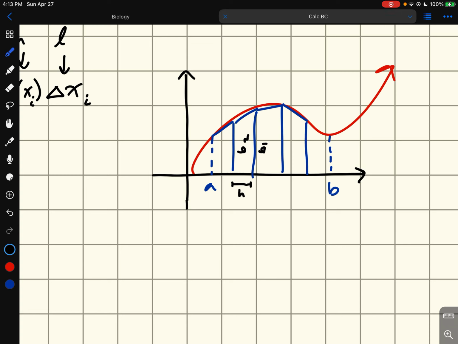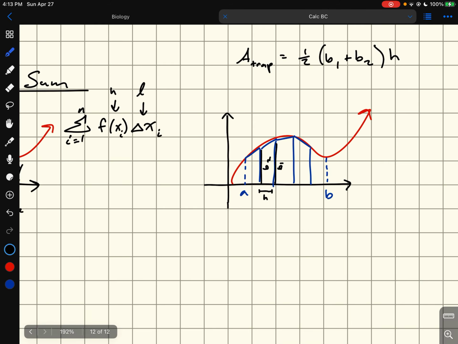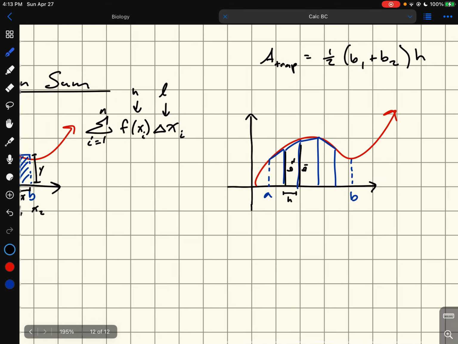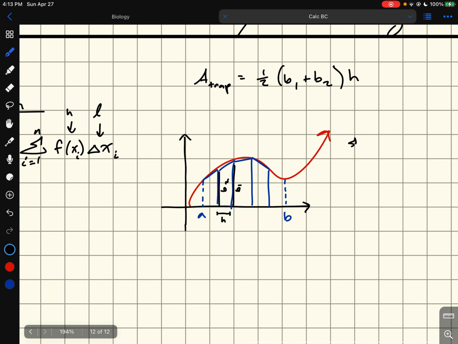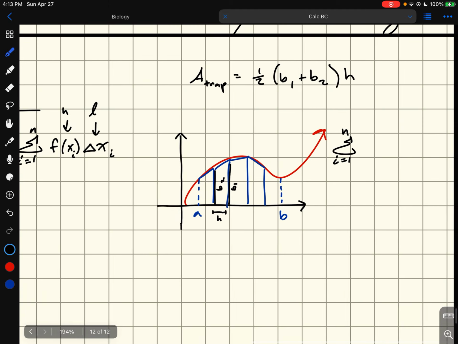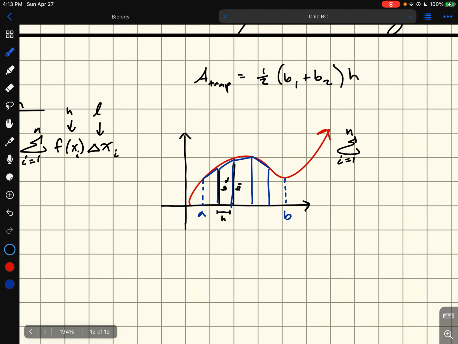H. So, base 1, base 2. That's our area of trapezoid. Okay, so now let's put that in the summation so we can see what it looks like. So let's do sum here, n, i equaling 1. And then our 1/2 base 1. So I'm going to write y1 plus y2, because these are both y values here.